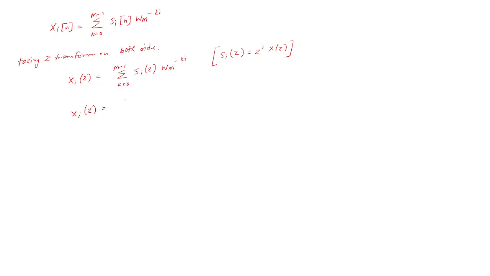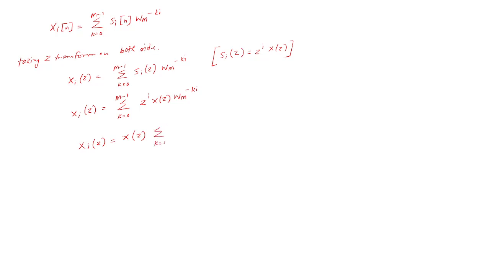S_i of z is z to the power i times X of z. So X_i of z can be written as the sum over k from 0 to m minus 1 of z to the power i, X of z, omega_m to the power minus ki. Now since X of z is common, we can take it outside.